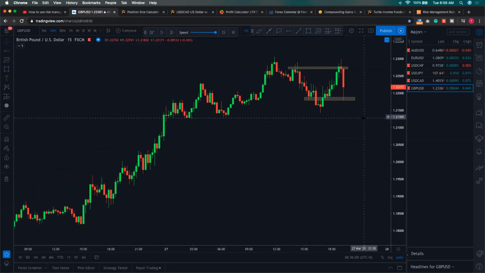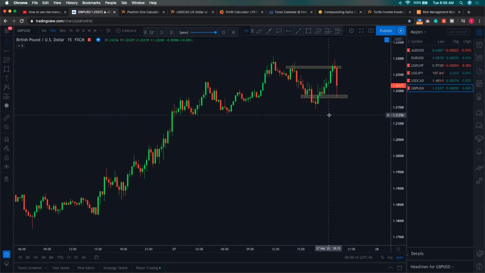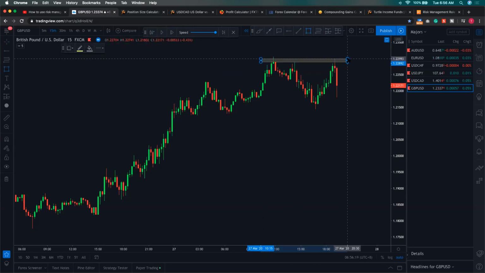Just draw an area, keeping it clean, because now if you zoom out, you see what it is forming. See, this is an area of resistance, and then we see this area here as well. So it might be a ranging market.